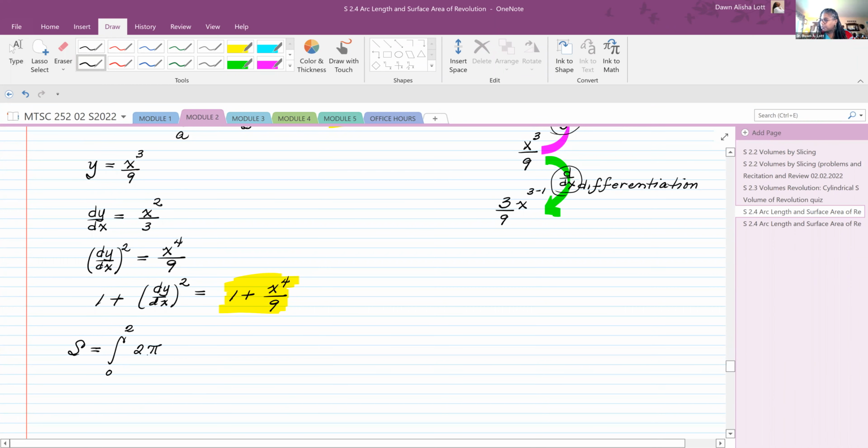What do I put in for y? X cubed over 9. Awesome. And then what comes next? Square root of x to the 4th over 9. Plus the 1, don't forget. And then the only thing left to write is dx.